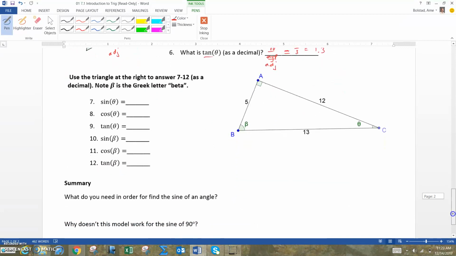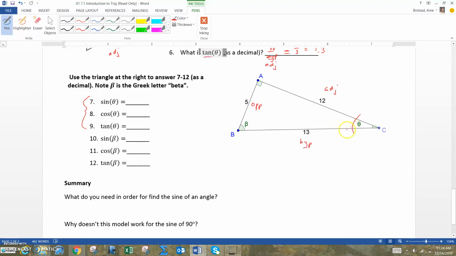Hang in there. All right, so lastly, we want to use the triangle at the right to answer the next bunch of questions. What we want to notice is in the first 3, we're talking about this triangle from theta's perspective. From theta, 5 is the opposite side, the hypotenuse is the longest side, that's 13, and that leaves 12 to be the adjacent side.